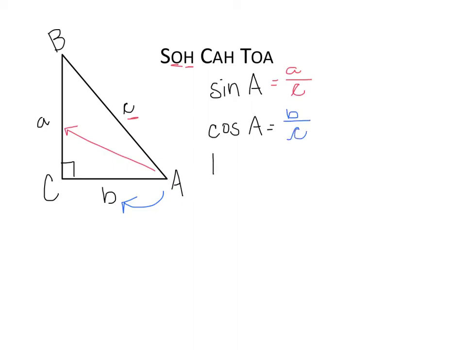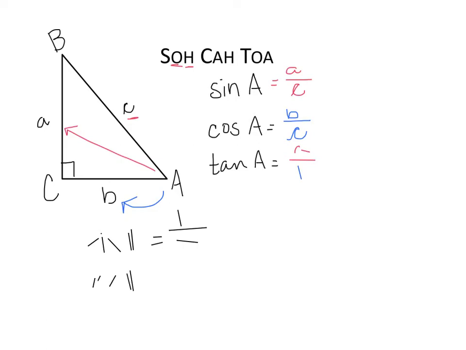And then finally we take the tangent, which is opposite over adjacent. So opposite of angle A is side A. Adjacent to angle A is side B. We can do the same thing for angle B. The sine of B will be the side opposite B, which is lowercase b, divided by the hypotenuse.